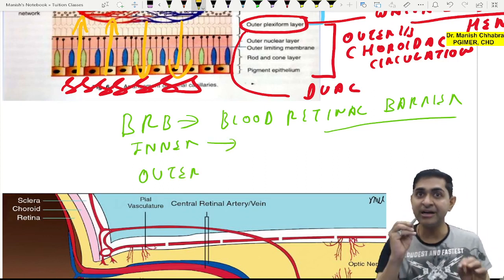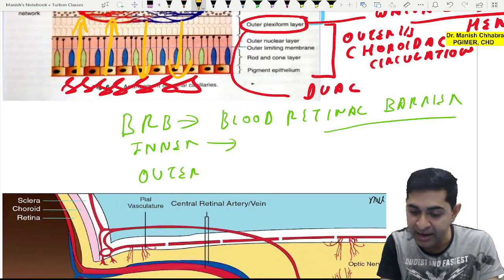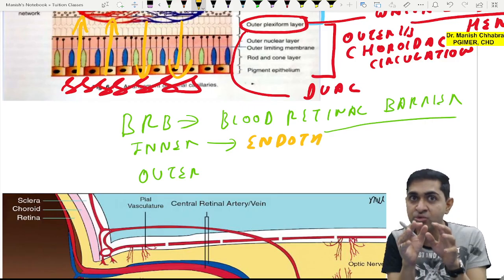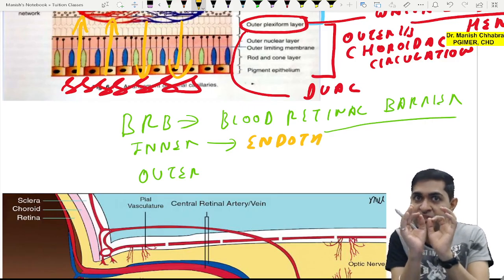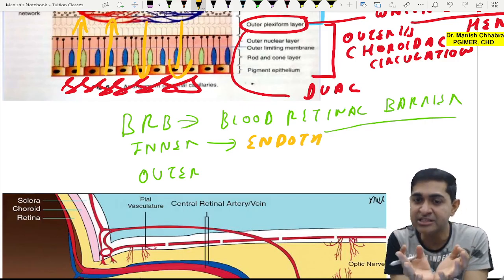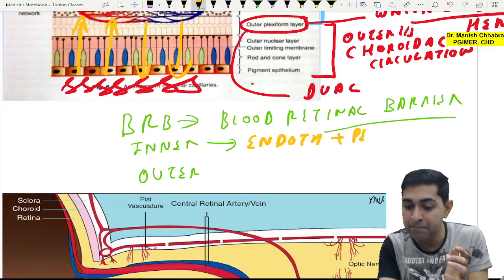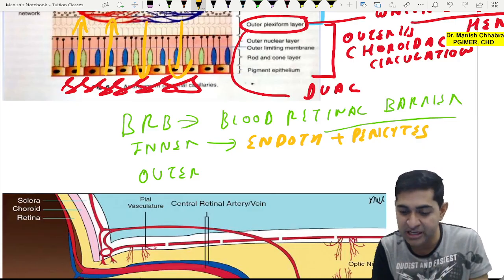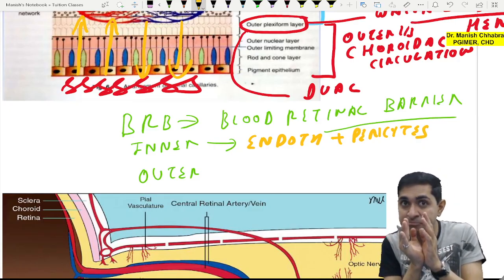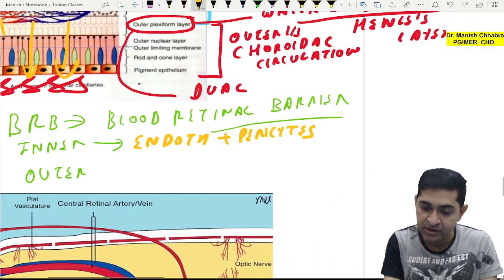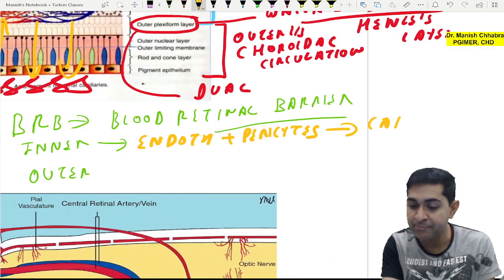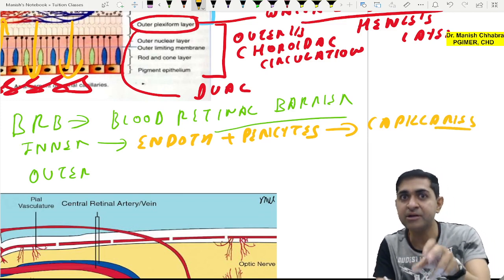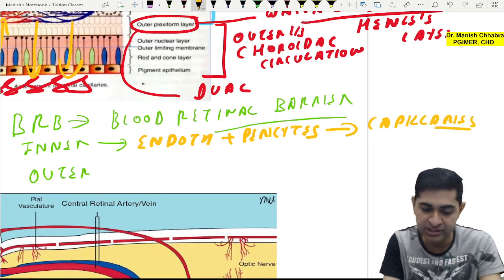The inner blood retinal barrier is formed by endothelium cells, which form the capillaries, and there are pericytes surrounding the endothelium cells. Endothelium cells and pericytes, they are present where? Around the capillaries, which are nothing but the central retinal arteries forming this, right?